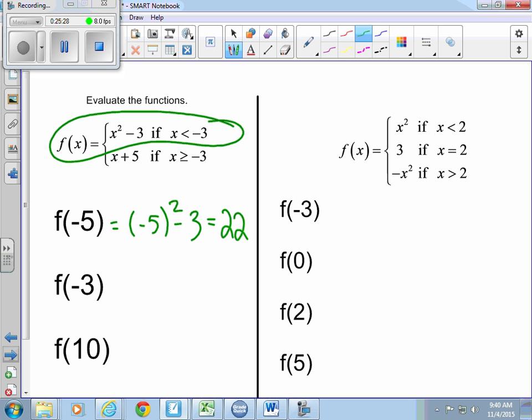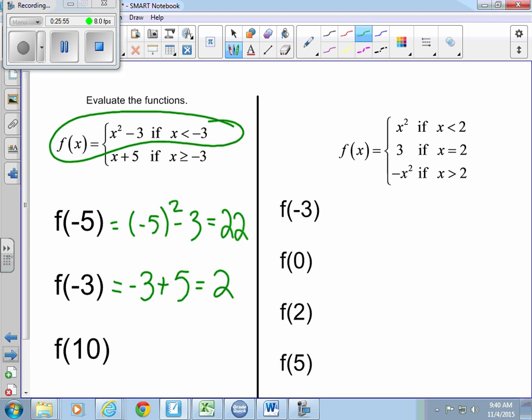Why will you plug it into the second equation? It's greater than or equal to -3, right? So -3 is equal to -3, so that goes in the bottom equation. And what about f of 10? The second equation.